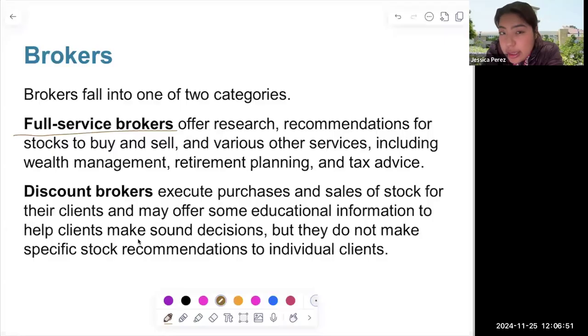They can educate you in some portion, but whereas a full service broker kind of tells you where to invest and what are good recommendations, discount brokers are only executing purchases and sales of stock for their clients.